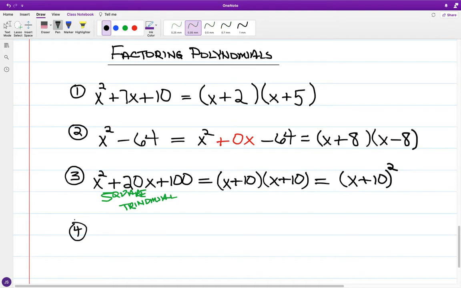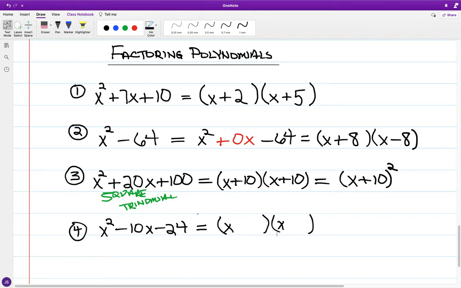Now, say just another case here. Say if we have an x term of first order that is negative. Okay, so you have x squared minus 10x minus 24. Okay, so for x squared again, we have x and x. And for negative 24, you have factors of negative 24 that will add up to negative 10.